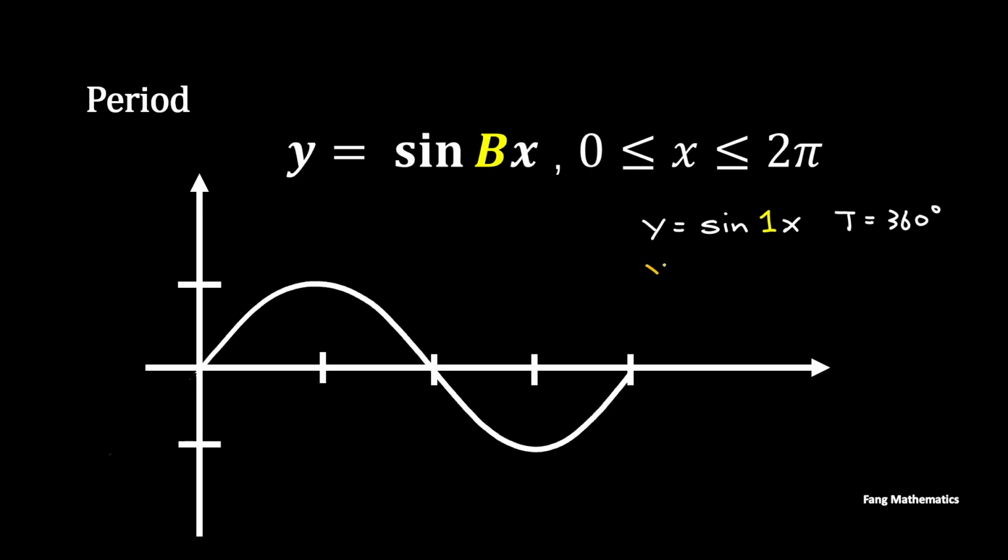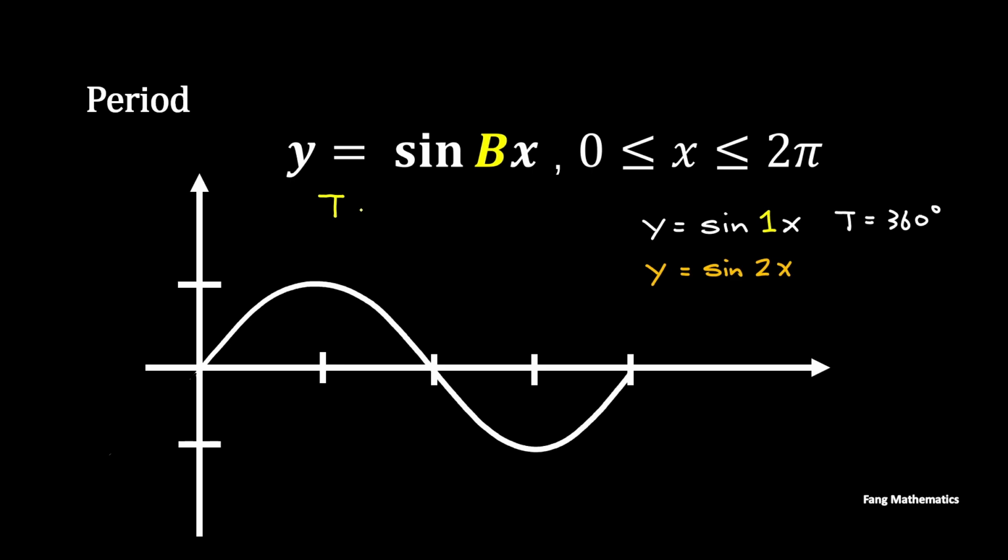We are going to look at two other scenarios. Let's first look at the one that has the uppercase B greater than 1. Then we have sine 2x, and we are going to determine the period. Let me give you the period formula for sine and cosine graph.